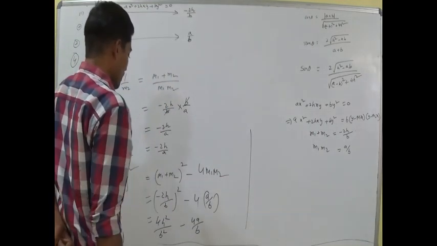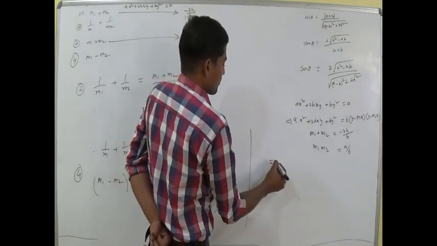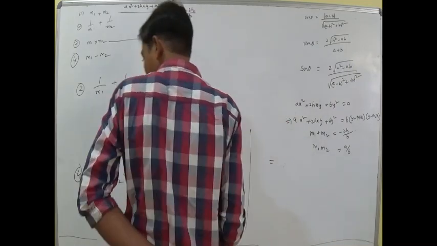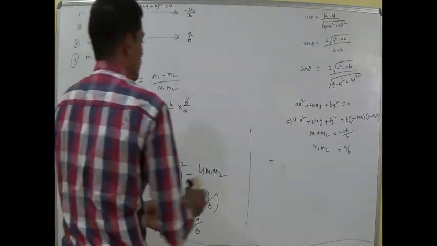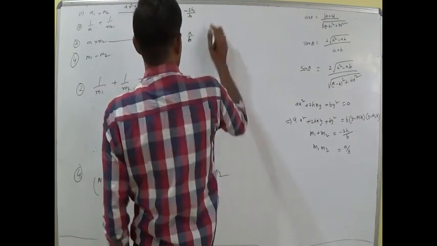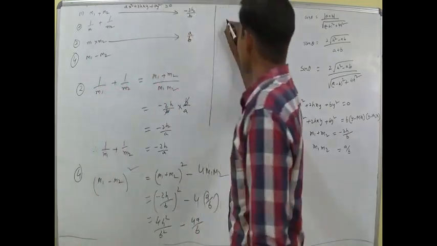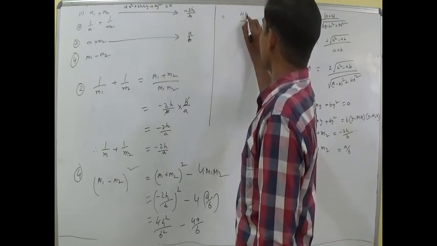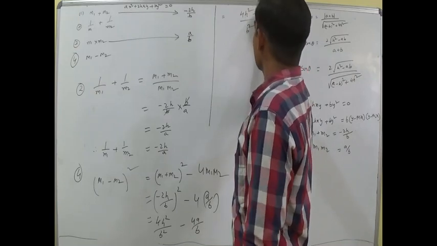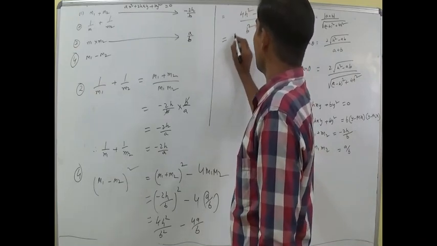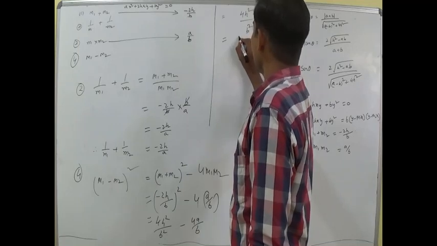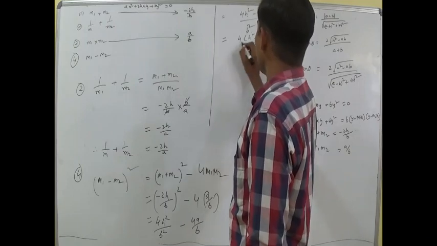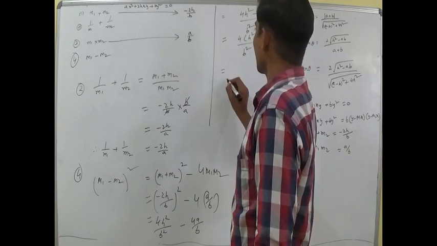See, the LCM is b square. So 4h square minus 4ab. Take 4 as common, then (h square minus ab) by b square.